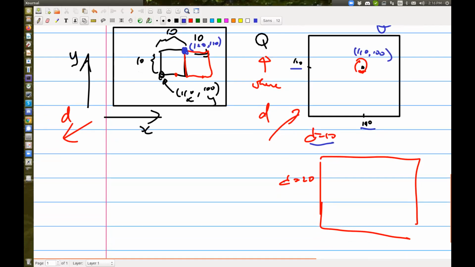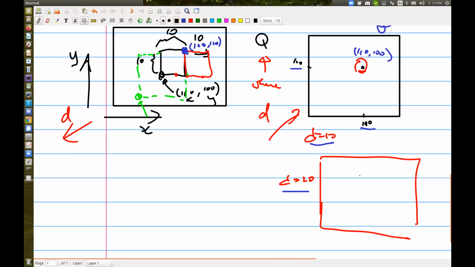Now if I consider a different d, let's say d is 20, then the corner to include this point will become this square. So the point here will instead be here.